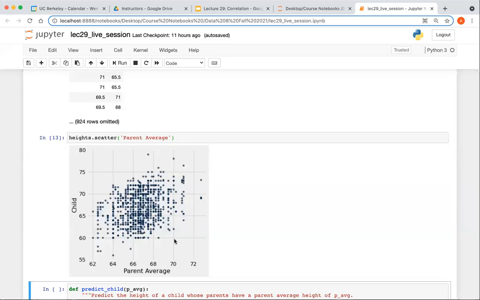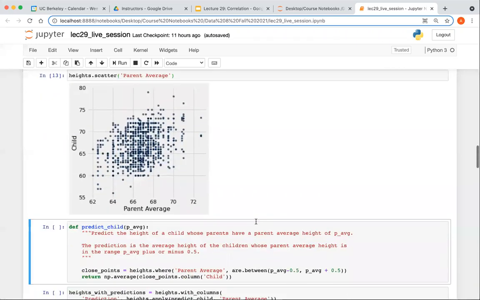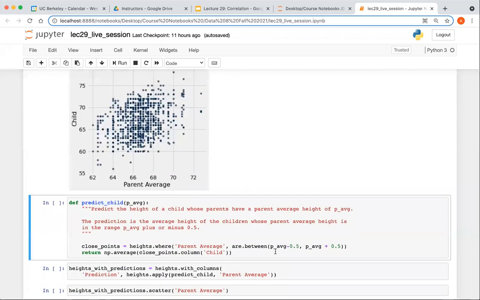And so if the average parent height is 70, we're going to look at all parents roughly around here somewhere, and then find the average height of their children, and make that our prediction. This is something we've done before. And we took our definition of close to be 1/2 inch on either side, but you can define it in any way you want.